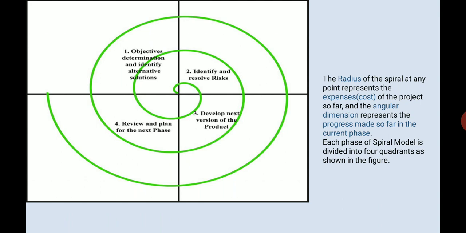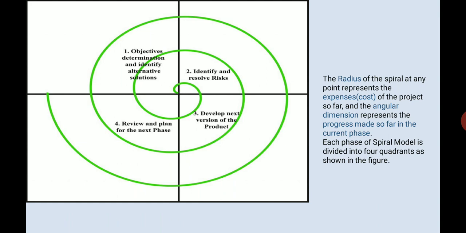The second is identify and resolve risk. You see what risks are there, identify them, and try to resolve them. Then you develop the next version of the product, based on the risk that came. And then you review and plan for the next phase.